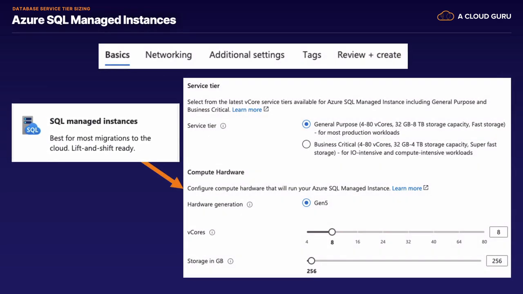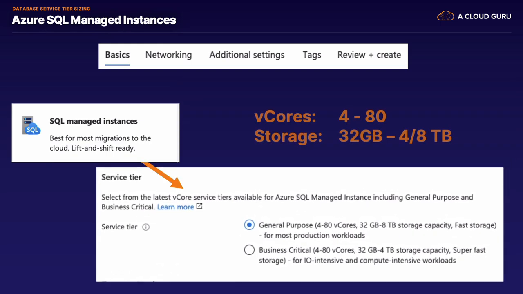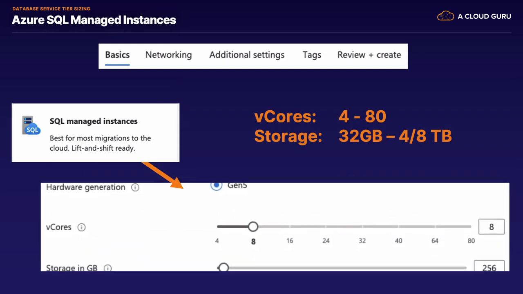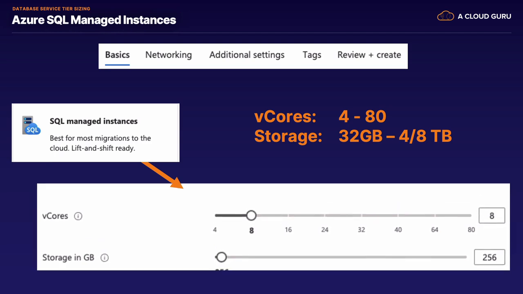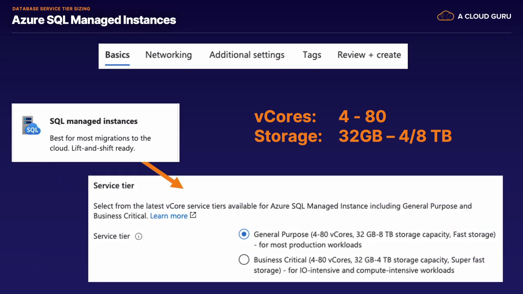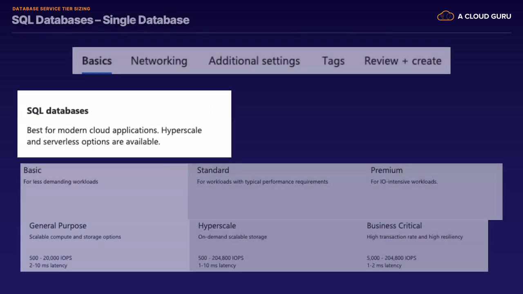For the service tier options, there's going to be a general purpose and business critical. In both cases, you can choose between 4 and 80 virtual cores. Besides the storage amount, the primary difference between general purpose and business critical is whether or not you're going to have a lot of I/O intensive or compute intensive workloads.